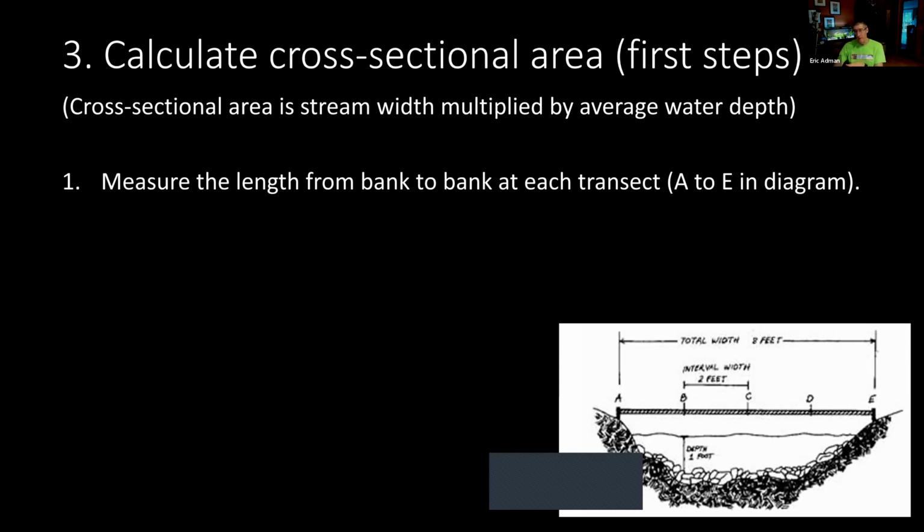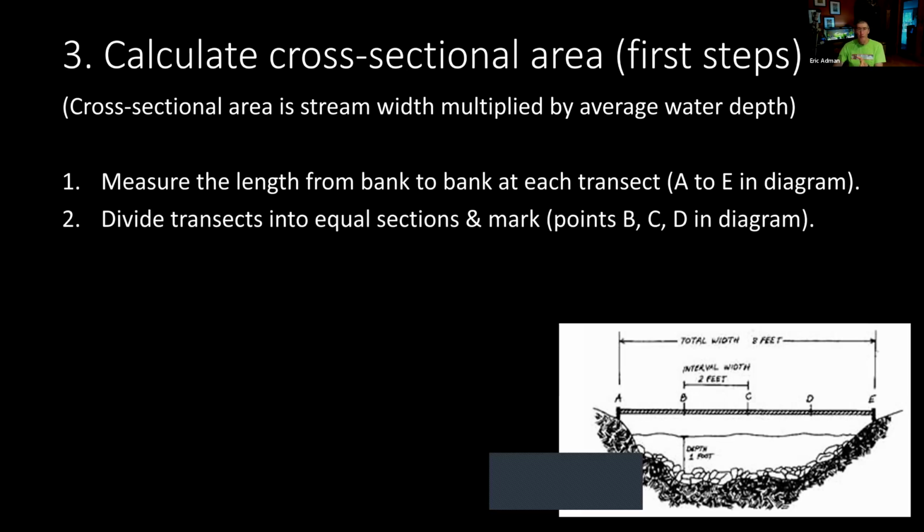In our diagram, that's roughly from point A to point E, although if A and E are not quite at the bank full width, you want to make those points as close as possible to the width of the stream. Then you're going to divide that transect, which is your line across the stream, into equal sections, and mark those points where you're going to take measurements of the depth.